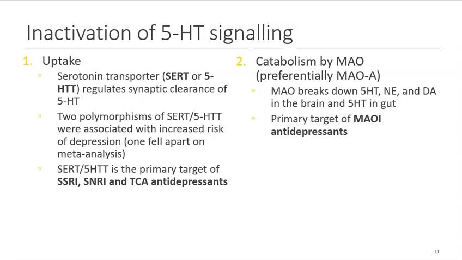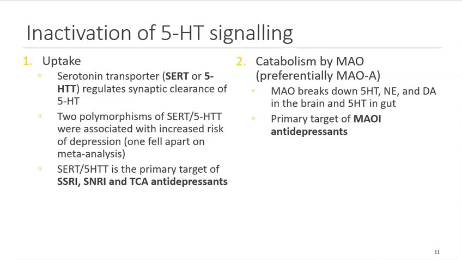These transporters are the uptake of extra serotonin in the synapse back to the presynaptic cell. The second one is catabolism by MAO. Remember, MAO breaks down serotonin, norepinephrine, and dopamine in the brain, as well as serotonin in the gut. So that's just the monoamine oxidase.